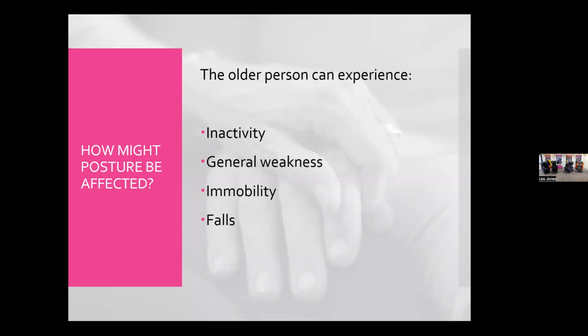Now, when we think about how posture is affected specifically by age, what we can see with that type of client group is them experiencing inactivity, generalized weakness, and that's with or without an associated illness or disability. Frailty, which as we know is characterized by a progressive decline in physical, mental and or social functions, can significantly exacerbate those problems.